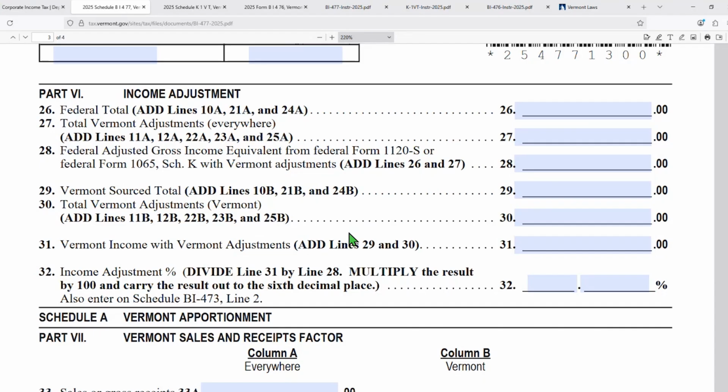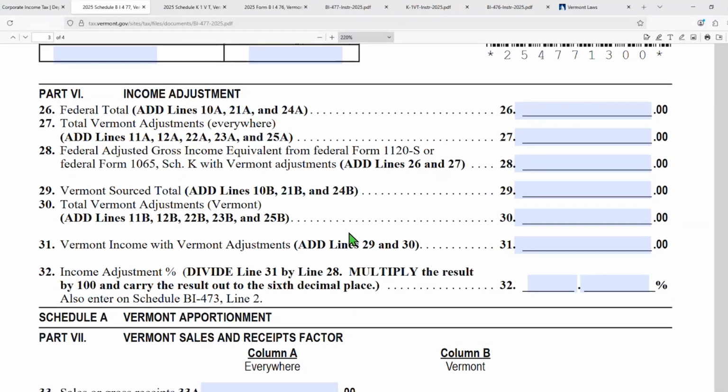Basically what this section's doing, and it's all math, you just follow the instructions, is coming up with a federal total from column A, and a total of Vermont modifications from column A. It applies those modifications to the federal everywhere numbers and gets an adjusted federal number, total federal dollars, which is everywhere.